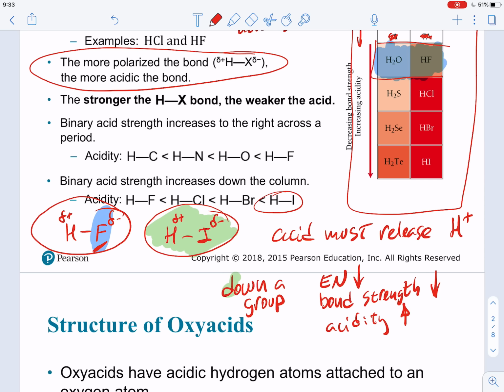You actually need a very weak bond to make a strong acid, and the reason for that is because a strong acid will release the proton very, very easily. Okay, and therefore, to be able to release it very quickly, that bond has to be weak as well.